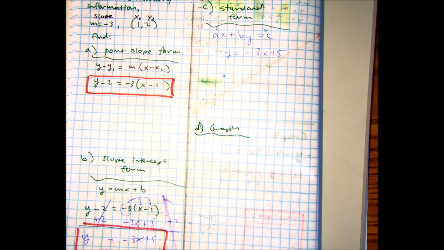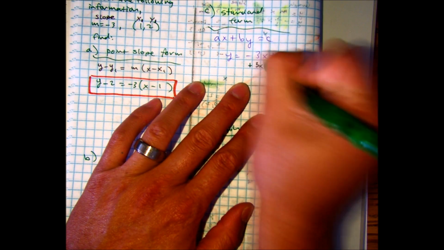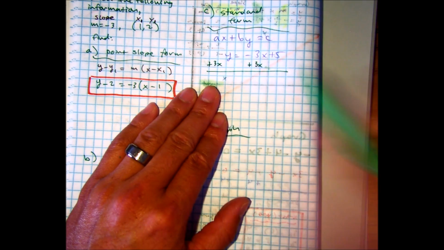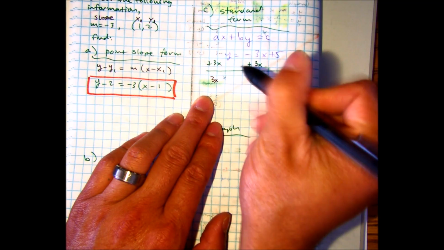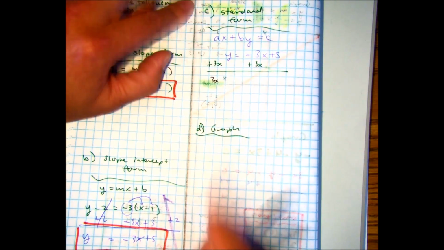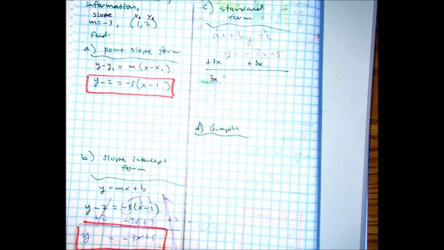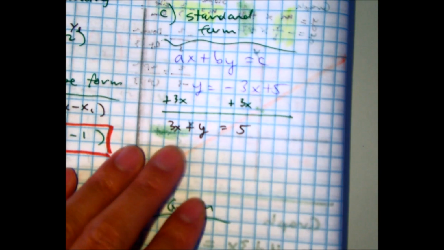Genesis, how do I get the x over? Genesis, what's left? Notice how the x's and y's are on one side.